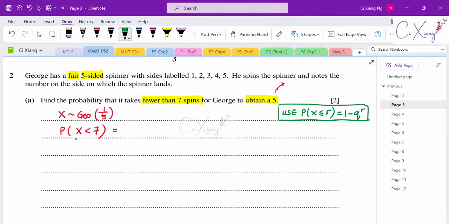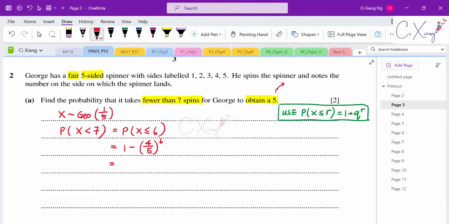Okay, then if you go back to our question here, they're asking for x fewer than 7. X fewer than 7 means what? It has the same meaning as x smaller equals to 6. So I have to change it to this pattern. Then only I can continue to use the formula that I showed just now. So it will be 1 minus q power r, so it will be 4 over 5 power 6.